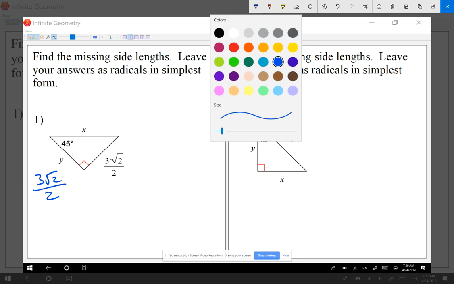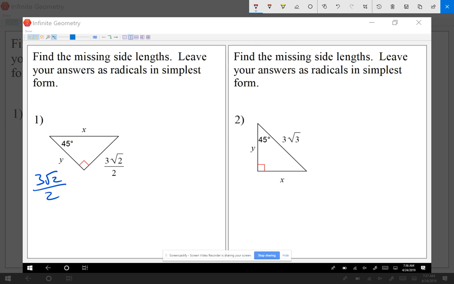Now to solve for x, I'm going to start with the number given to begin with, 3 radical 2 over 2. And then I'm going to multiply it by radical 2. When I have a fraction, if I'm multiplying, I put the radical 2 on the top. If I was dividing, I would have put the radical 2 at the bottom.